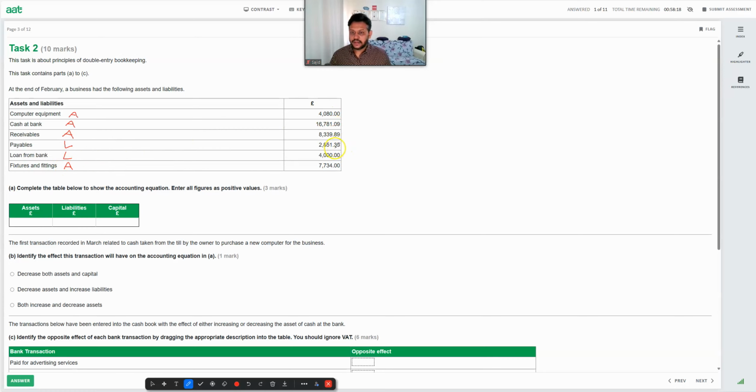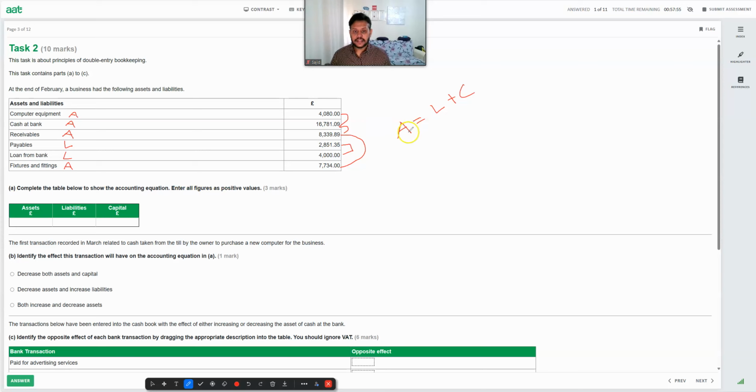So these 2 are liabilities, and these 4 are assets. And we need to remember the accounting equation: asset equals liability plus capital. If I add the liability and the capital, it is equal to asset.